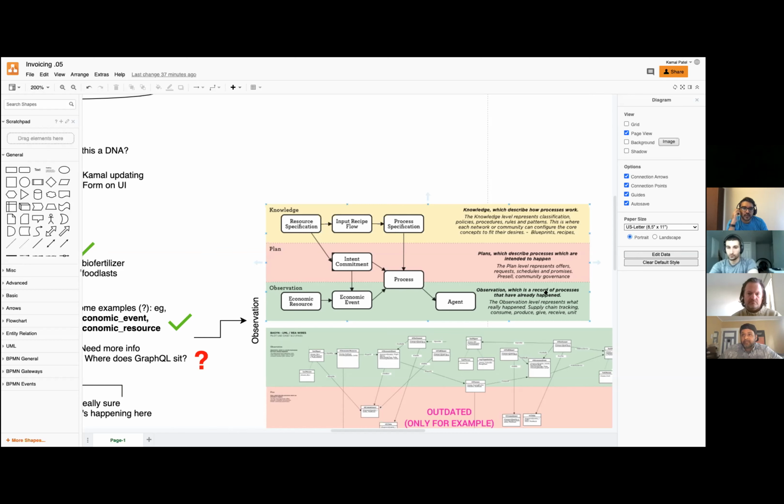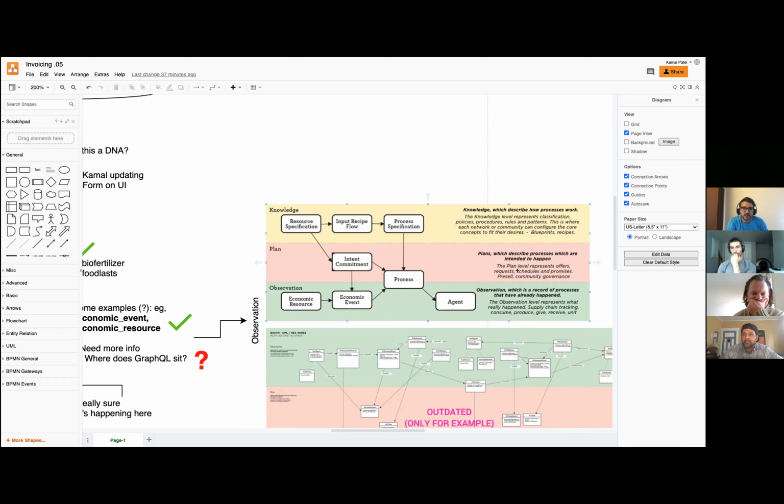And so the observation layer is a record of processes that have already happened. So it's basically a supply chain tracking system. You'll see that in the prototype. I built that in. I haven't gotten much into these other layers, but just so you know, the planning layer describes what's intended to happen, like offers, requests, schedules, pre-sale.